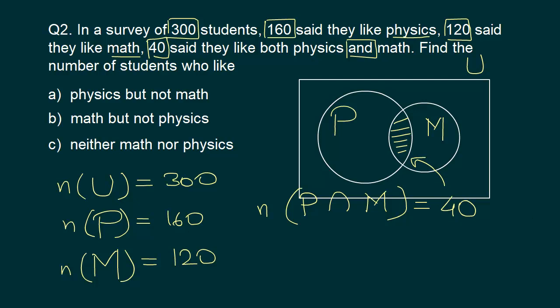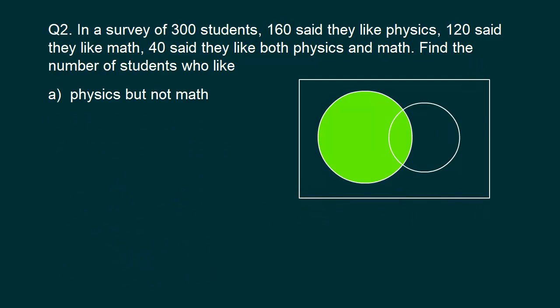Now let's take a look at each question one by one and try to solve them. So here is the first question. This entire bright green part represents physics, and this is math, and this is the universal set. The first question is, we want to find the number of students who like physics but not math.